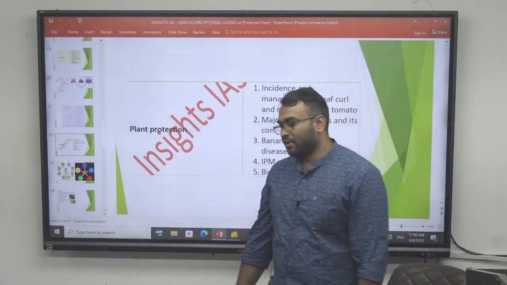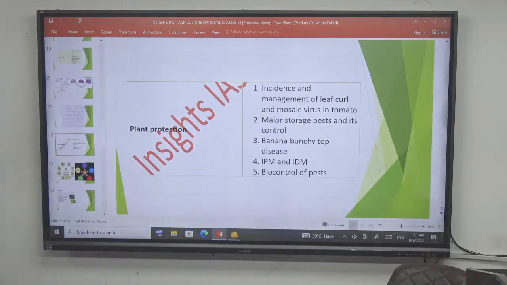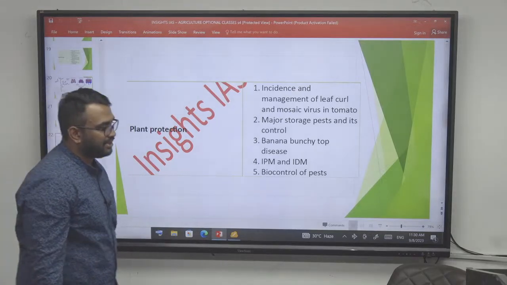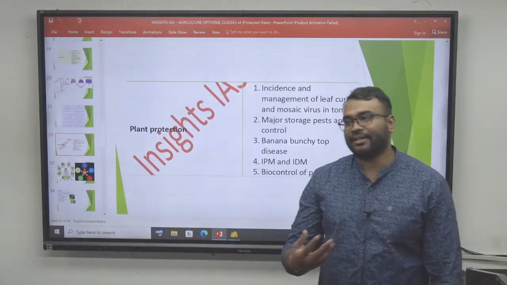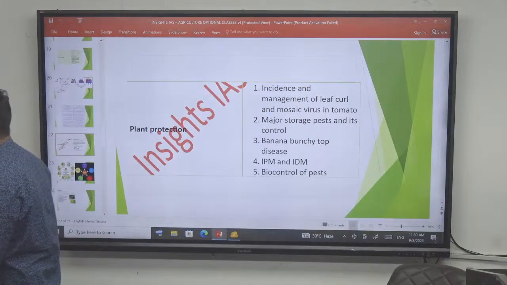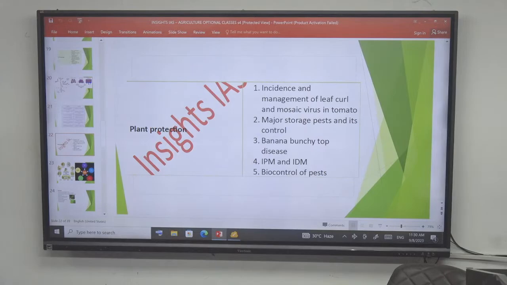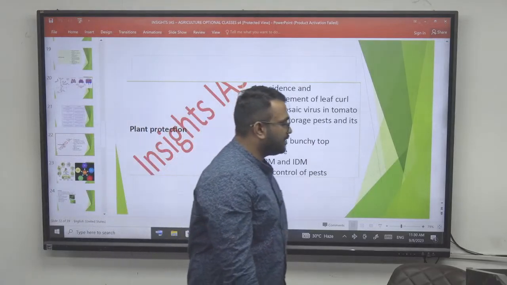Sucking pests. If a sucking pest is there, the chemical control is a systemic pesticide. One example of a systemic pesticide is imidacloprid. So here you have to understand the types of pesticides and try to remember at least 2 or 3 examples with their active ingredients. So that much is good enough for you. Clear? So that is for leaf curl virus and mosaic virus.